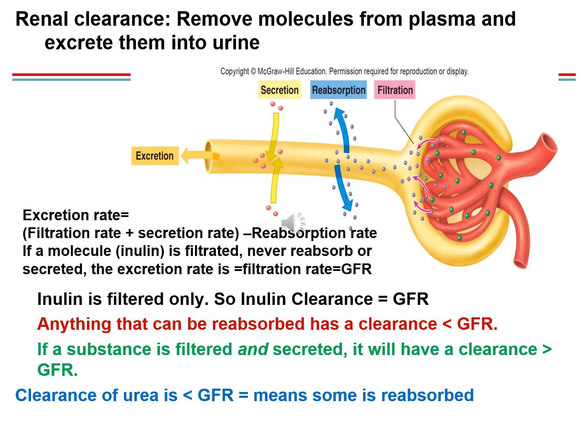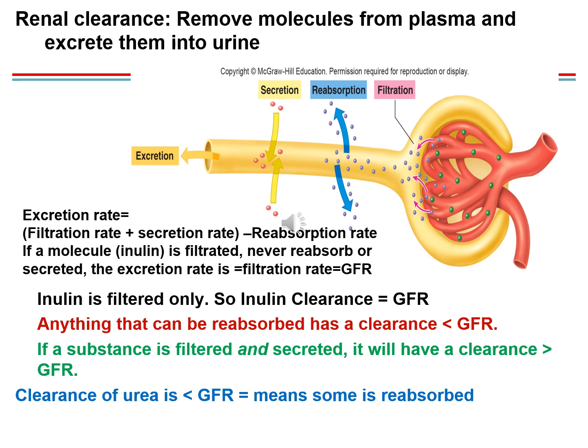As I mentioned before, the renal clearance is defined as the removal of undesirable molecules from the plasma and their excretion into the urine. And the only place where we can produce this clearance is in the kidneys, specifically in the nephrons. That's why your knowledge about the actions of filtration, reabsorption, secretion, and excretion has to be very solid.